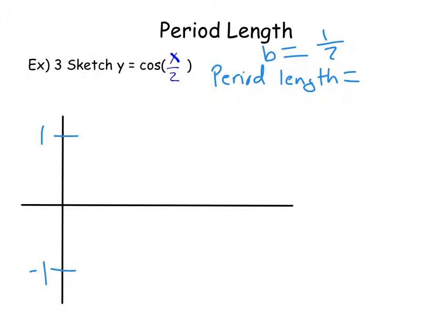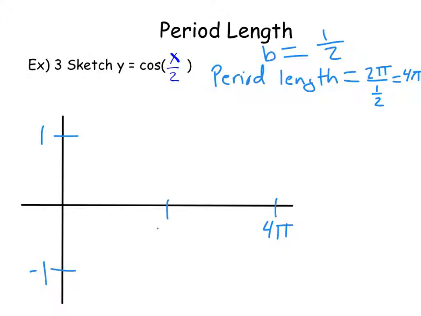Same with the period length. We go off our formula, which is 2 pi divided by 1/2, which is 4 pi. Now I'll go down here and mark it. I want this to go out to 4 pi if I'm going to see one period of our new trig function, which is cosine of x over 2.